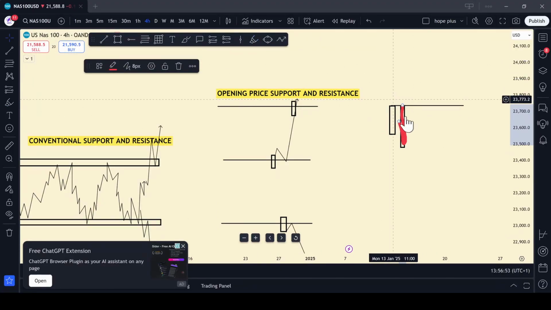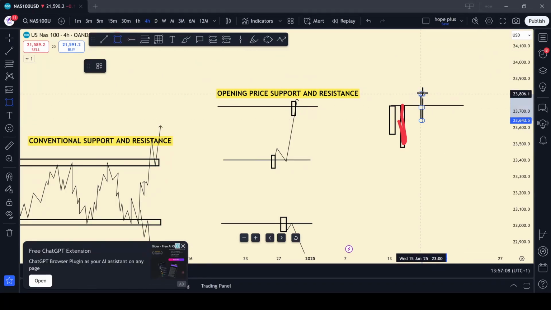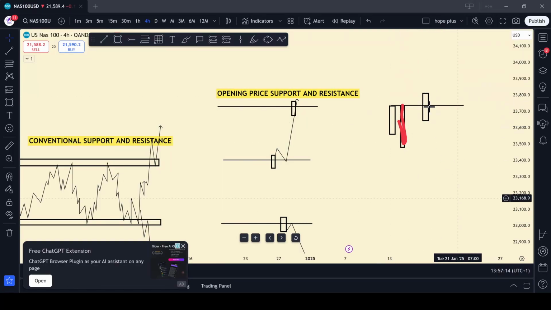I don't want to waste more time drawing on this chart. So what I do is I draw a line across it. That is my resistance. So if price comes to that level and breaks that level, I will understand that, yes, that level is weak to hold price to the downside.